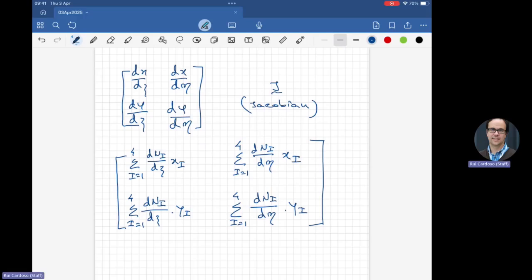Of course, if you are doing a 3D problem where you have a z coordinate, you will have a 3 by 3 Jacobian, and you will need a derivative in order to the coordinate in the z direction. But anyway, let's focus on our plane stress 2 dimensional case now.